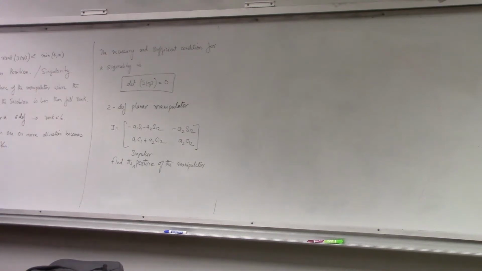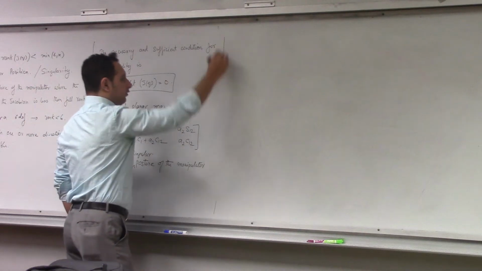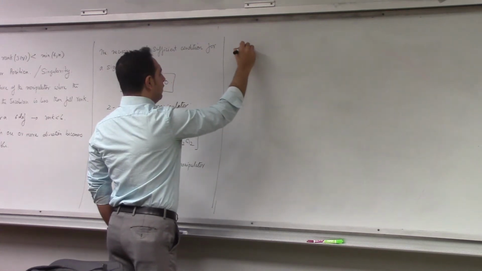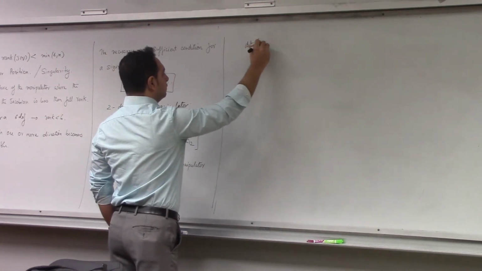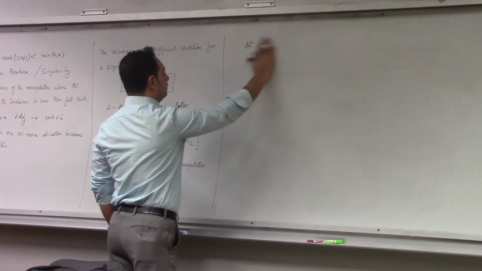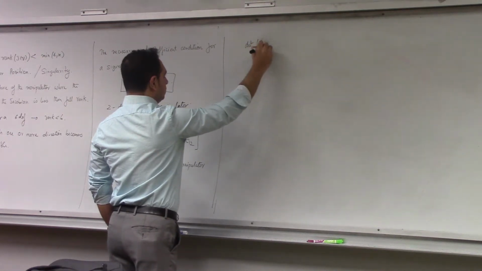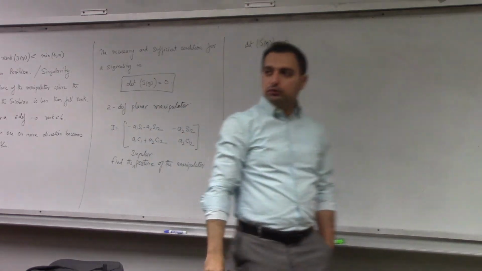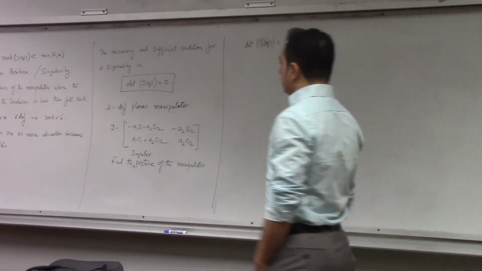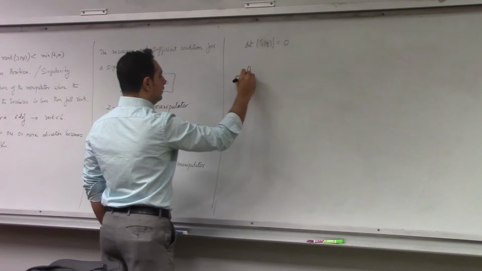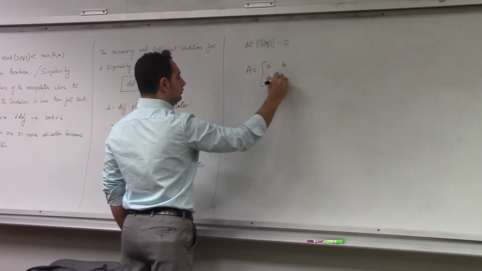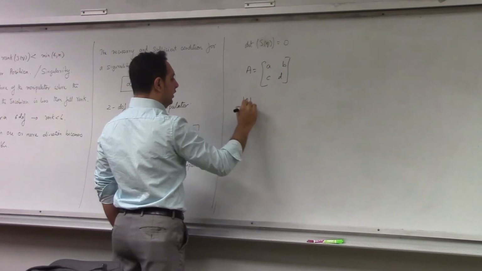Alright. So what you need to find is at what values of theta 1, theta 2, determinant of J of Q equals 0. Okay. So if you have a matrix like this, A, the determinant of A is this.